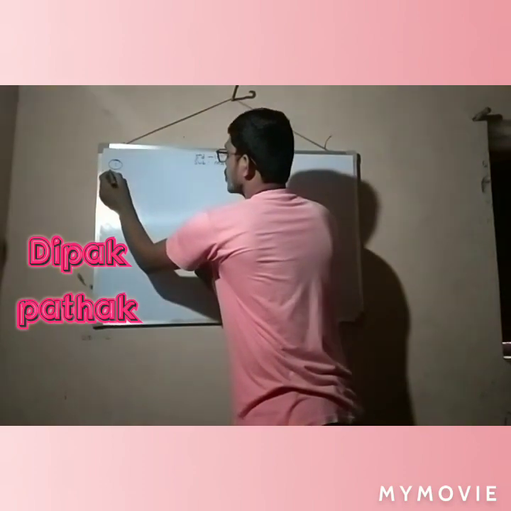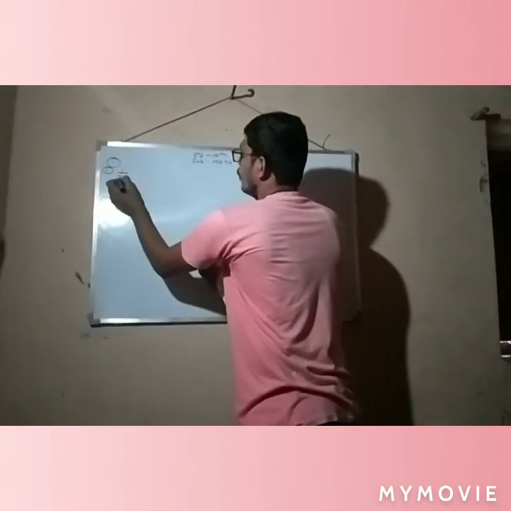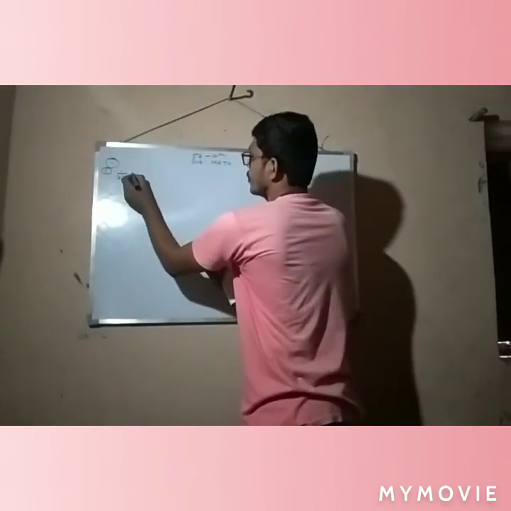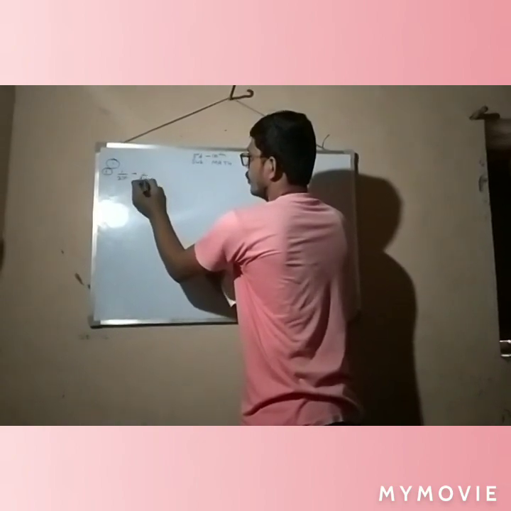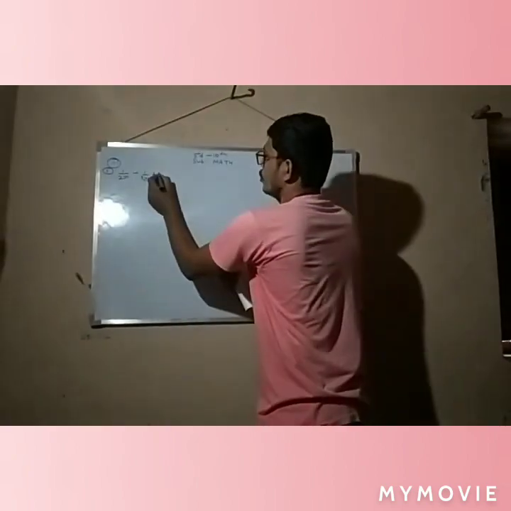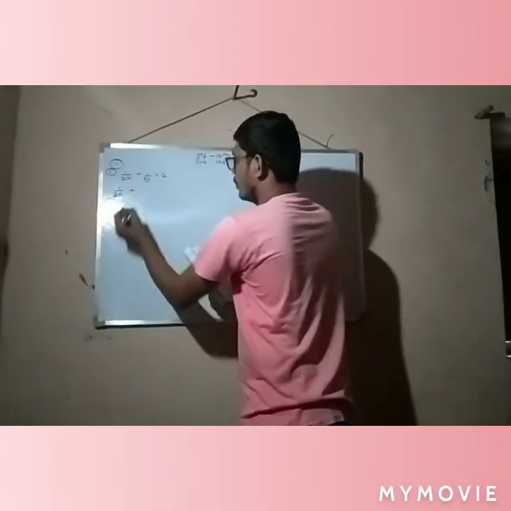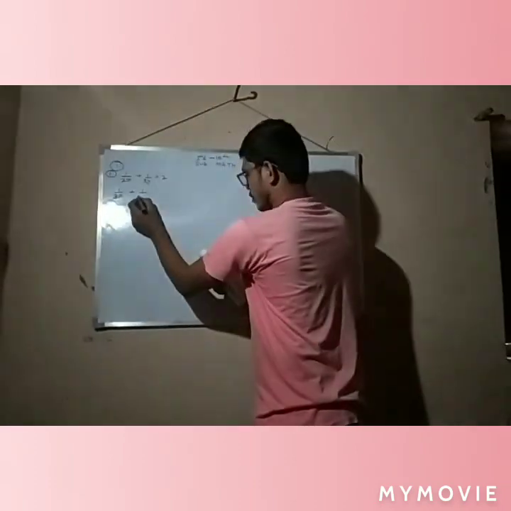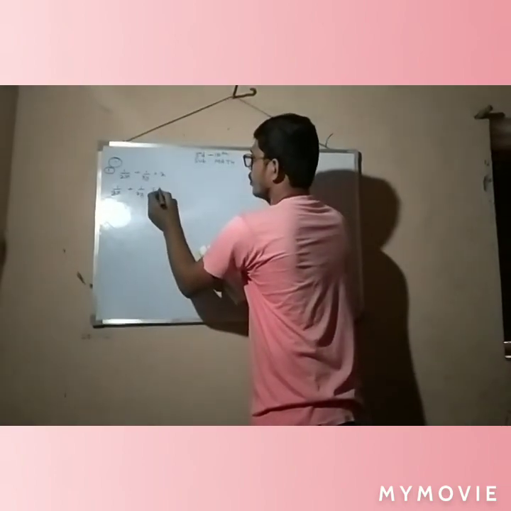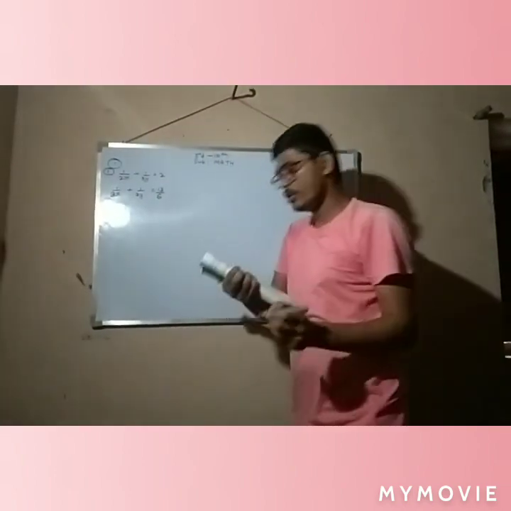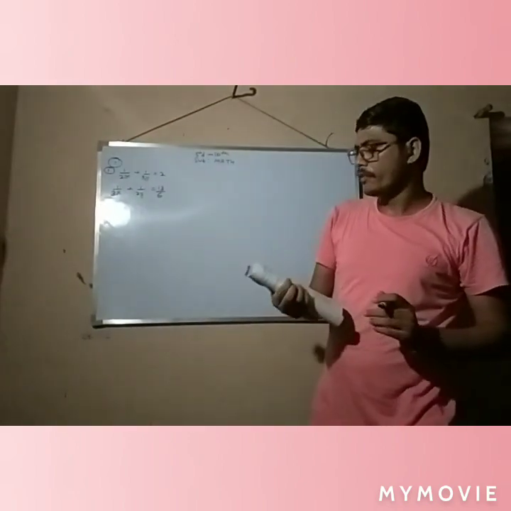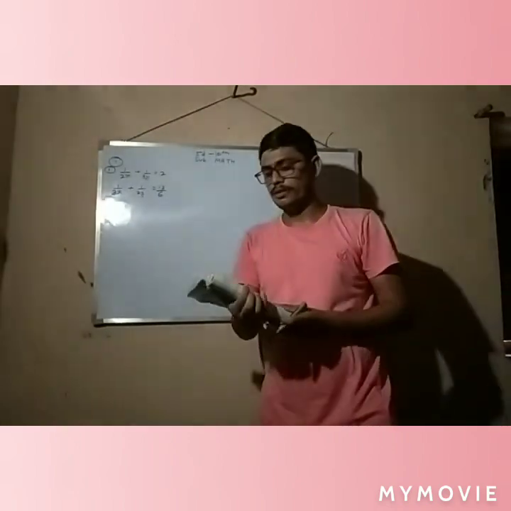Question first part is given: 1 upon 2x plus 1 upon 3y is equal to 2. Second equation: 1 upon 3x plus 1 upon 2y is equal to 13 upon 6. Solve the following pair of equations by the reducing method.